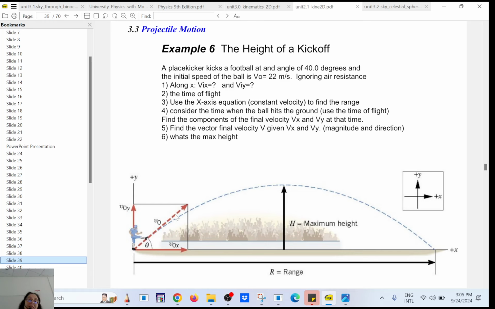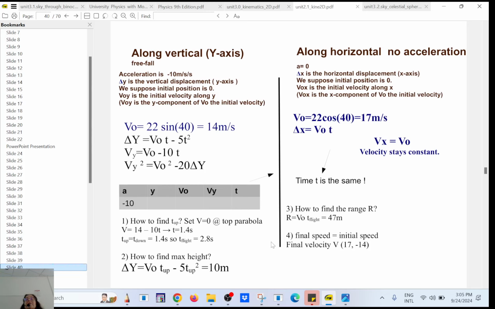That will be your initial velocity, which is 22. And then the only challenging part is to be able to find the x component, which is 22 cosine, and the y component, which is 22 sine. Once you do that, you use the same methodology, meaning along the x, the velocity is not going to change, and I'm going to use that equation here.